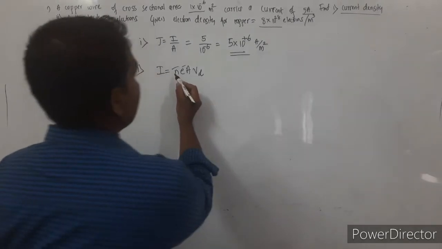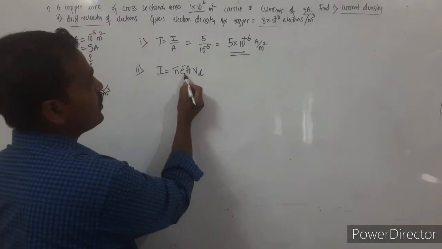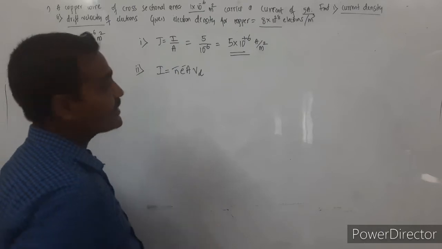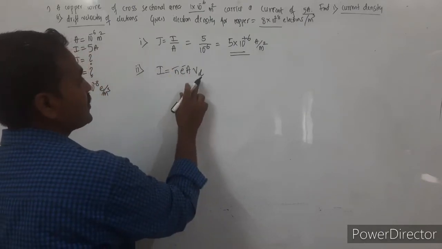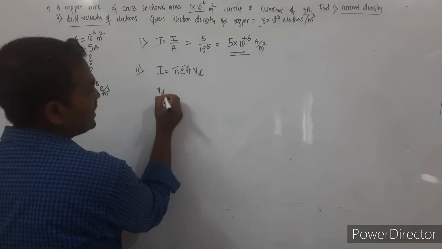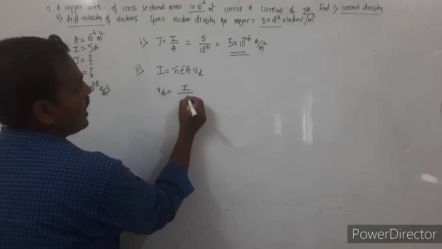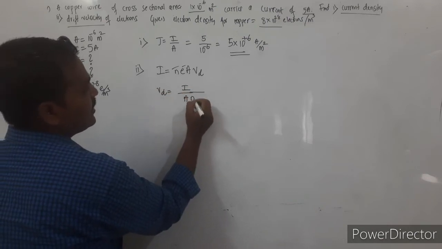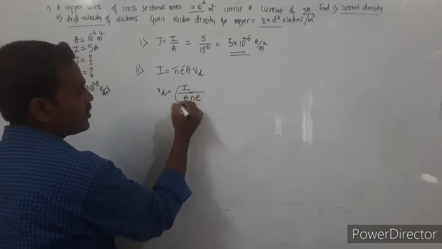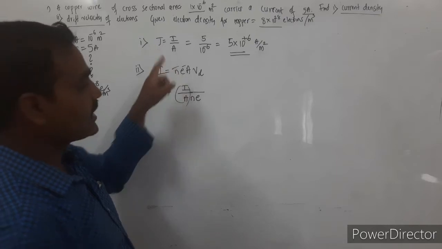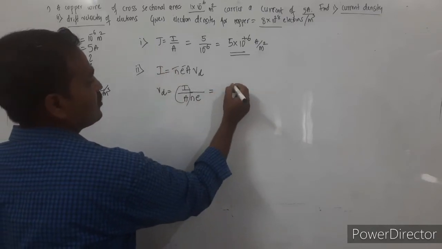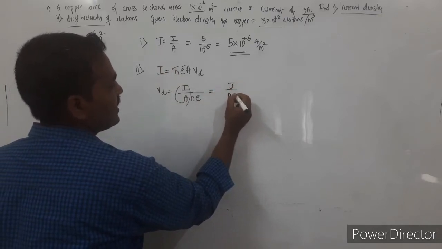N value we know, E value we know, I divided by A we can take to the left side, that is nothing but J. So VD is equal to I divided by A divided by NE, and I divided by A is nothing but the current density, so VD is equal to J divided by NE.